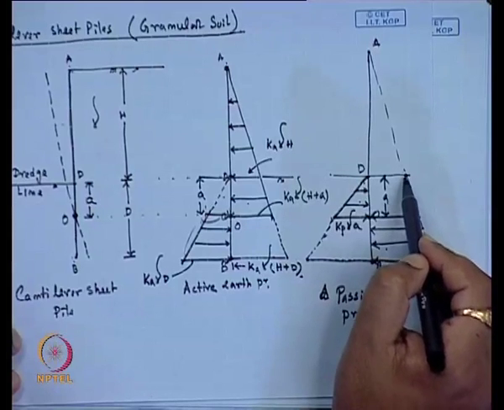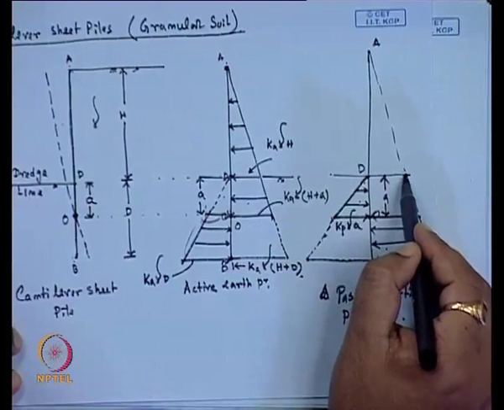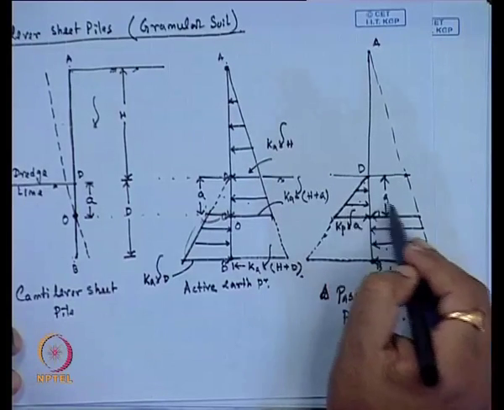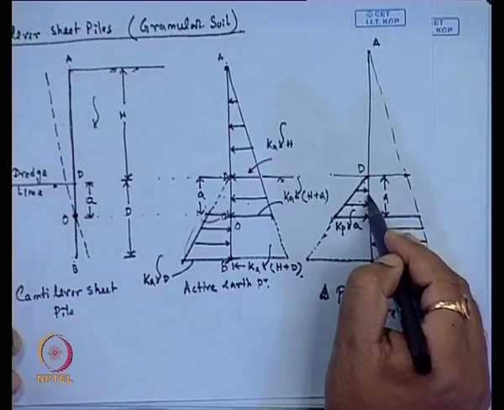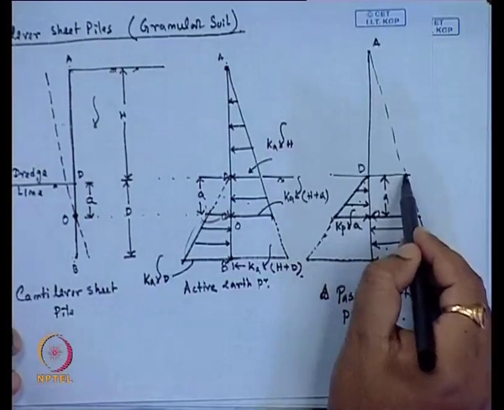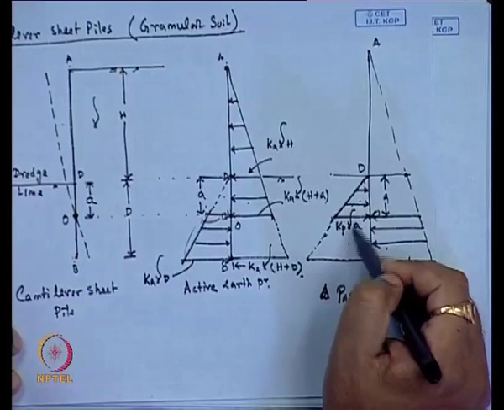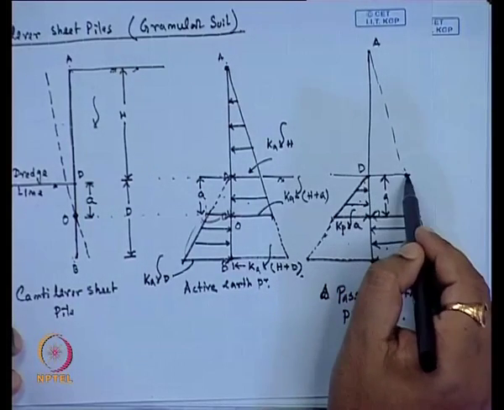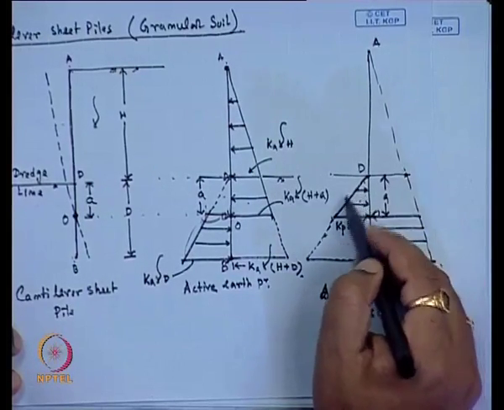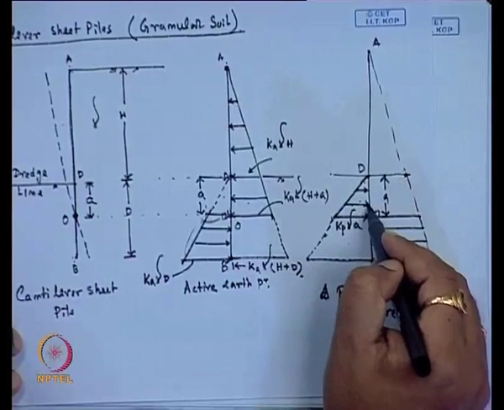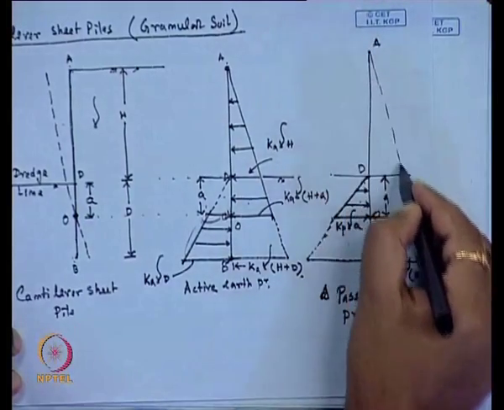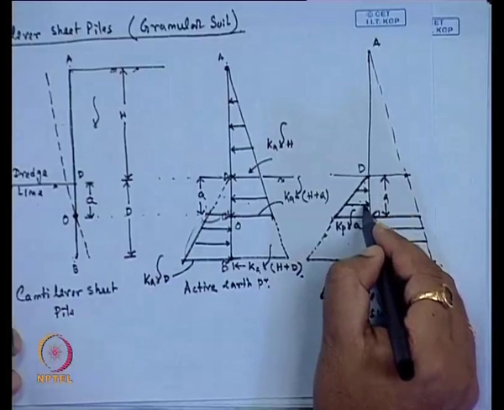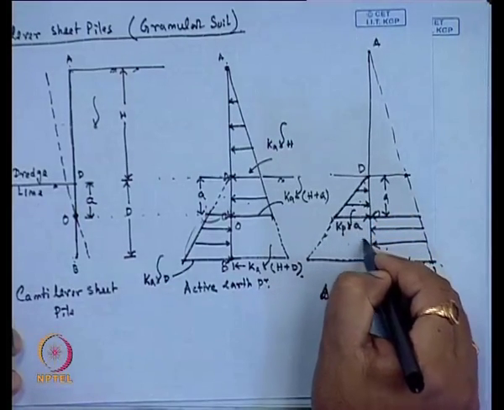After that, the net pressure diagram means that this active and the passive both will act. So, that means when this will start going from right to left, and when this active pressure and then the passive pressure, if I take the net, that is the point where this line will cross this sheet pile. That means, from here it will start and then it will go this side and cross this diagram, and then again it will cross.